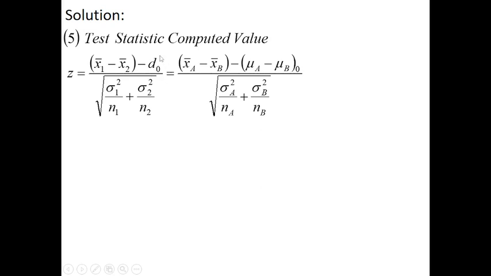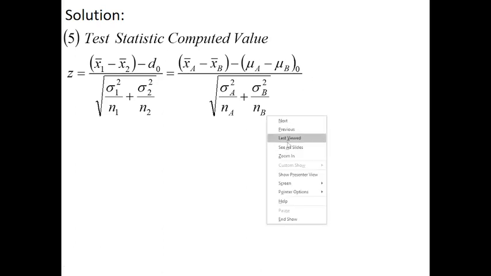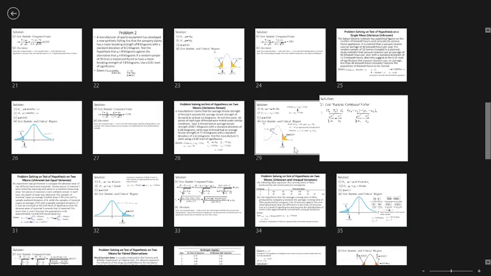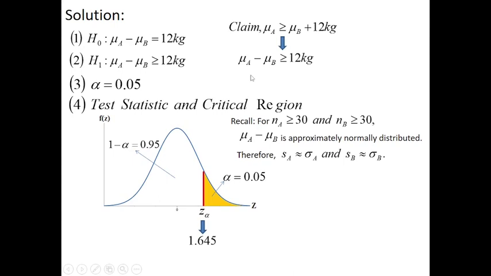Then d sub 0 is simply the difference of the two means, mu sub a minus mu sub b, denoted as mu sub a minus mu sub b sub 0.